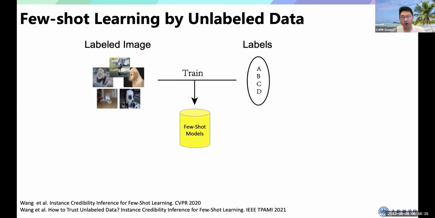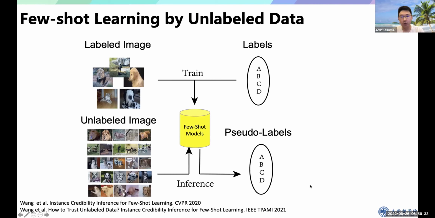Basically, in few-shot learning, we only have access to a few labeled data to train the model. Furthermore, in industry, it is also cheap to collect massive, noisy, unlabeled data. So we can think of the classic self-taught learning pipeline.